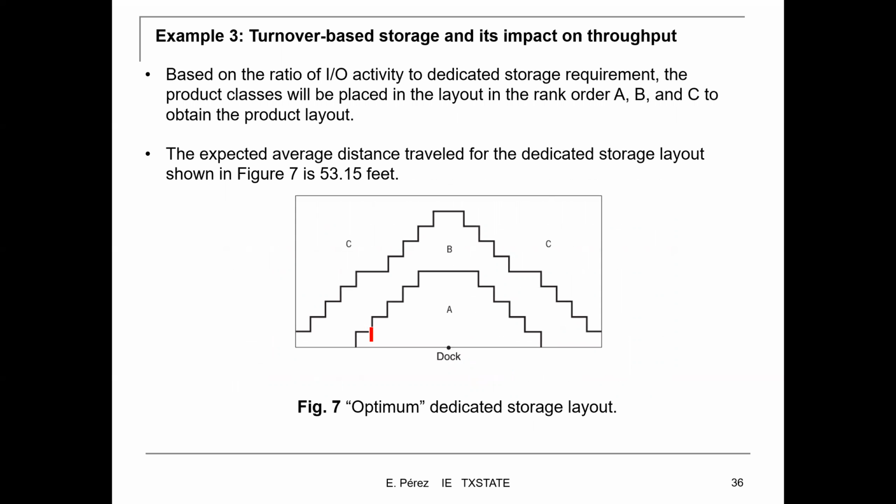So as you can see here, we have 3 different areas that are used to accommodate those 3 classes that we defined initially. So for A products, you will place them in this area that is marked as red, and then B classes will be on the next area, and then C farther away from the dock.